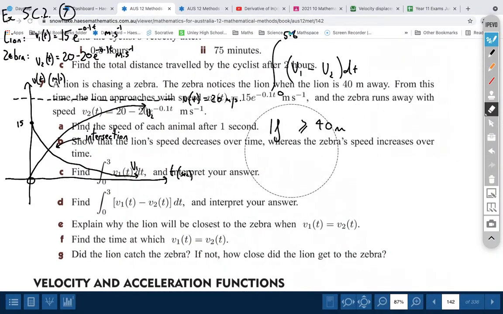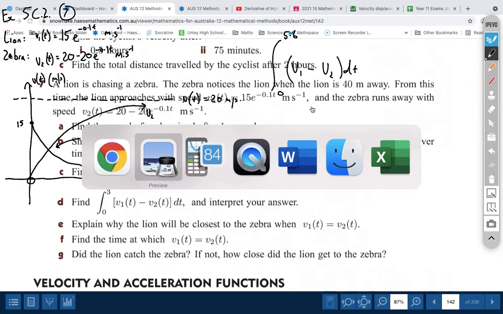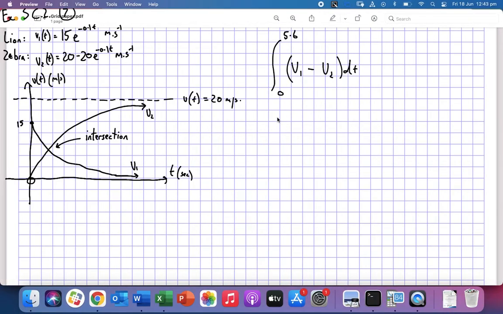I've already shown you an integral using e. Right, I'll do a little bit more working out, but really you're going to the calculator here. So your V1, that's the lion, minus your V2.